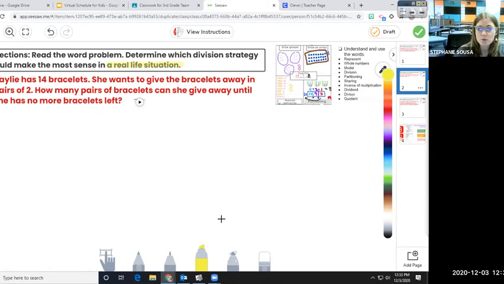What would actually be happening when Kaylee is working with these bracelets? So think about, would this look like groups, arrays, repeated subtraction, or partitioning? You are looking at what would actually be happening in a real life situation.